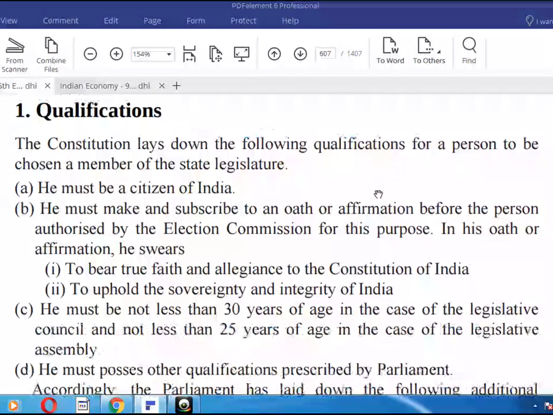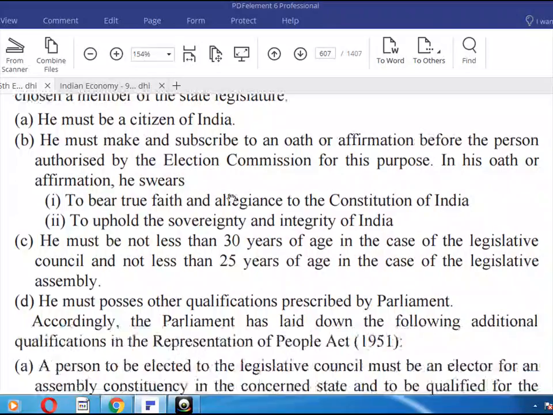Membership of state legislatures. Qualification. The Constitution lays down the following qualifications for persons to be chosen as members of a state legislature. He must be a citizen of India. He must make and subscribe to an oath or affirmation before the person authorized by the Election Commission.